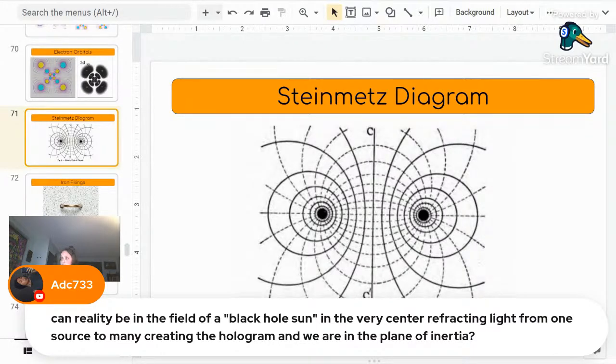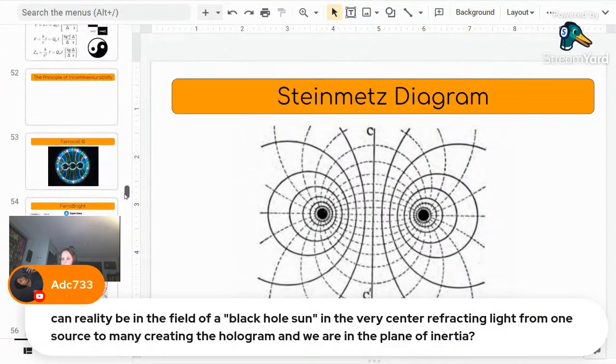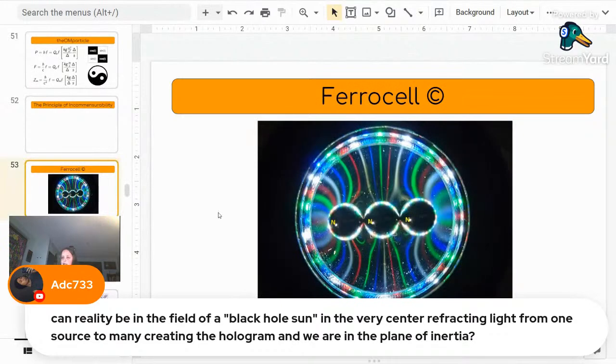And so maybe we can talk about the ferrocell here. So let's see. The ferrocell is a good example of a kind of hologram being created by light sources and magnets.